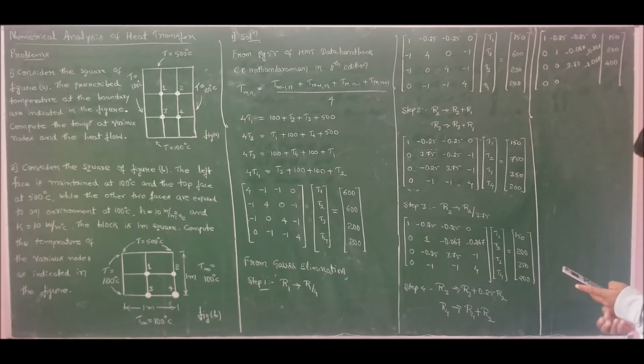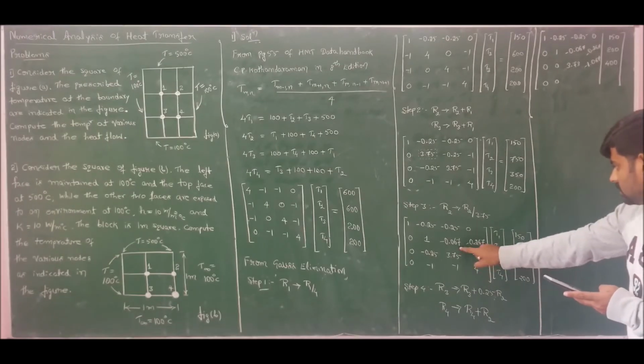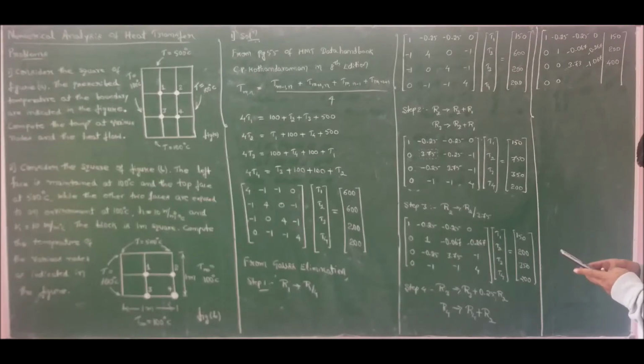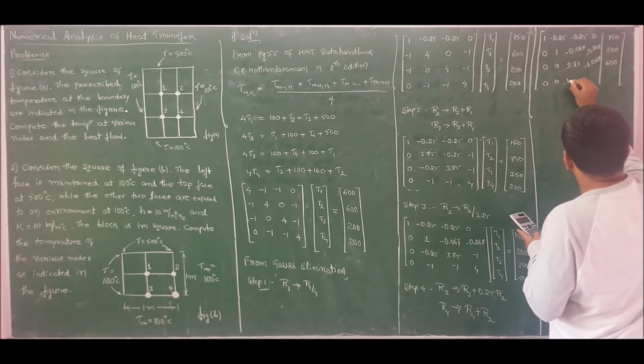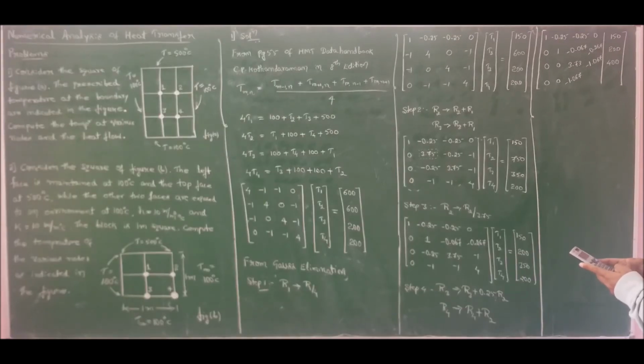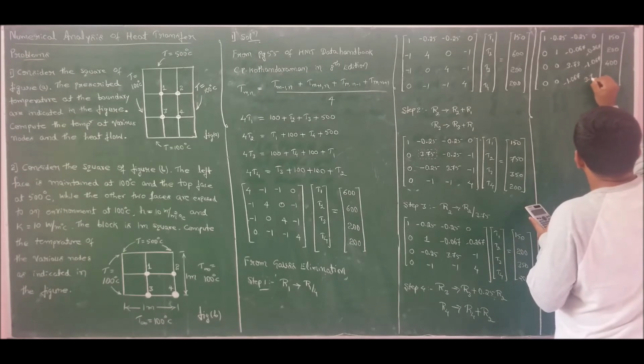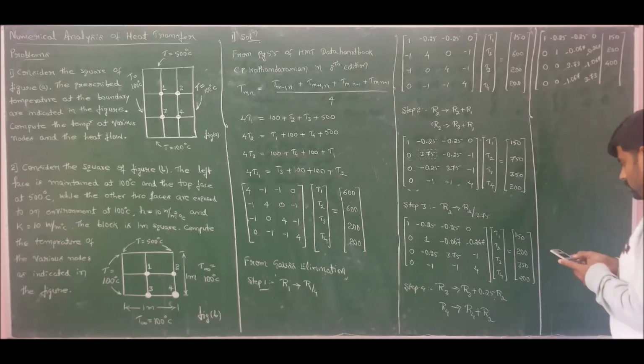Next, coming to row 4, we have minus 1 plus of minus 0.067, which is minus 1.067. 4 plus of minus 0.267 is nothing but 3.73.